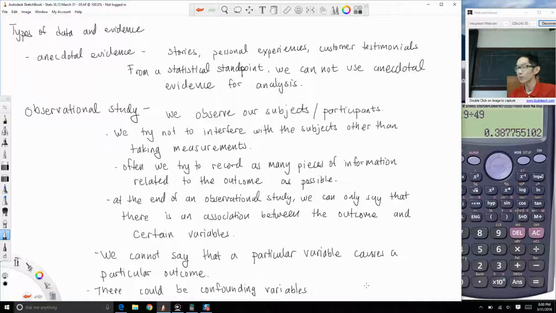If we look at the number of appliances in the home and children's performance in school, we would see a link. We would see the more appliances you have in the house, generally the better the school performance of the child. Does that mean purchasing an additional blender will make your child perform better in school?